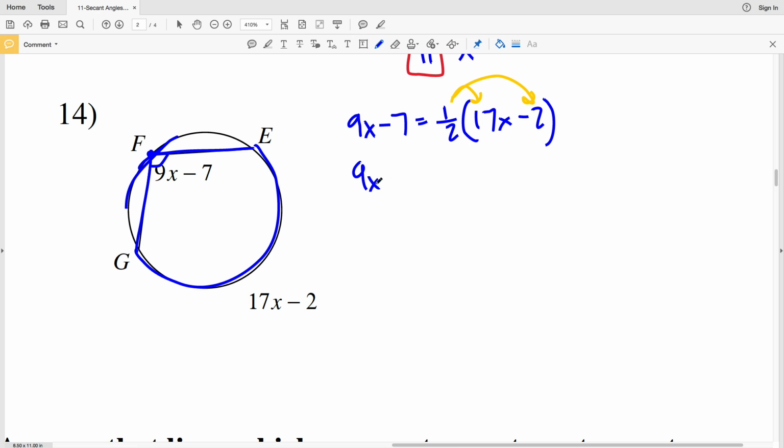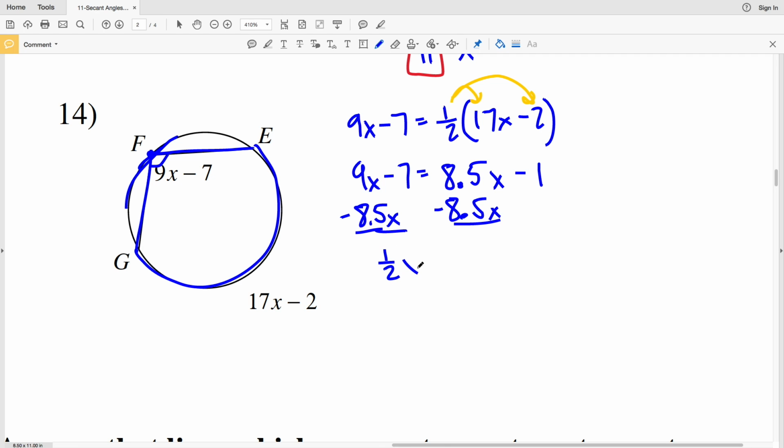So 9x minus 7 will equal 17 divided by 2, which is 8.5, x minus 1/2 times 2, which is 1. Now I'm going to subtract 8.5x from both sides. So 9x minus 8.5x is 0.5x, or 1/2 x, and when we subtract 7, that's going to equal -1.